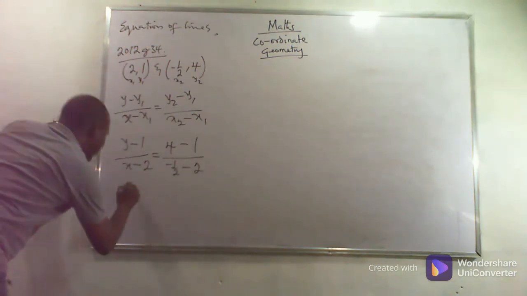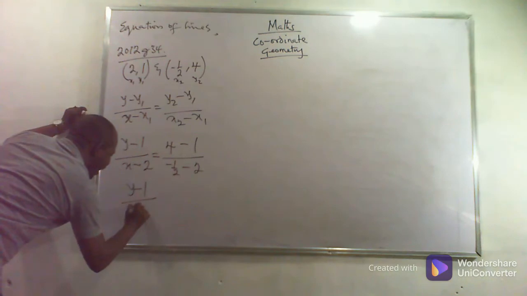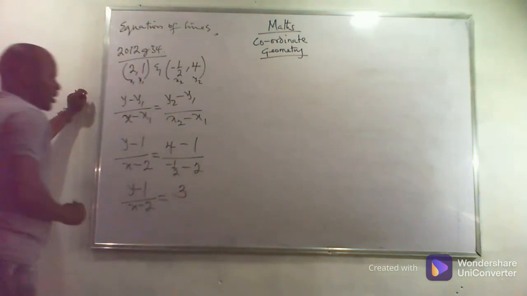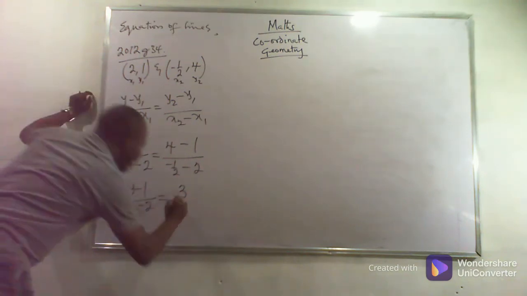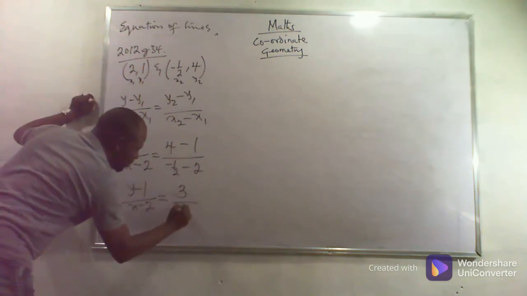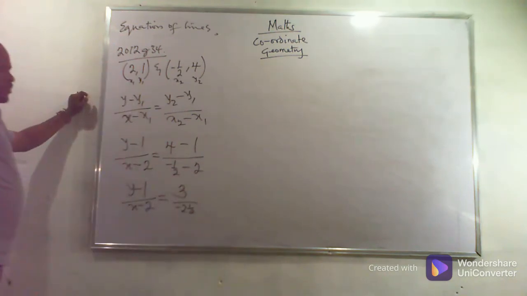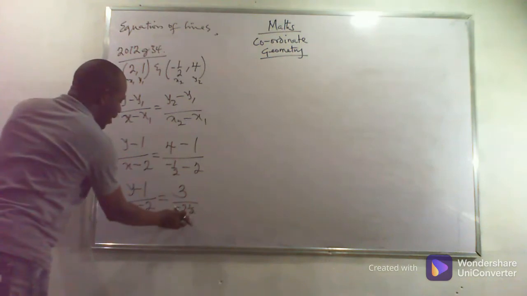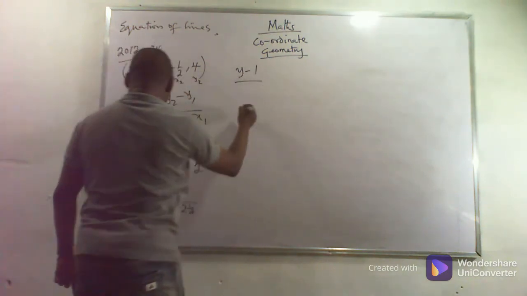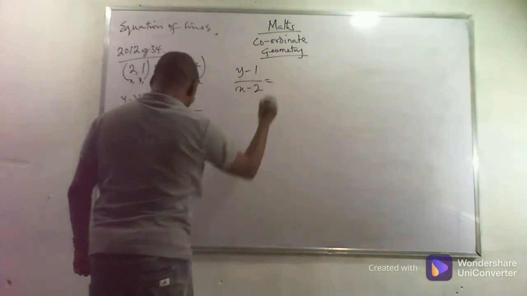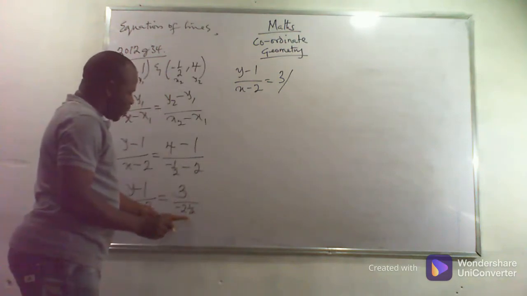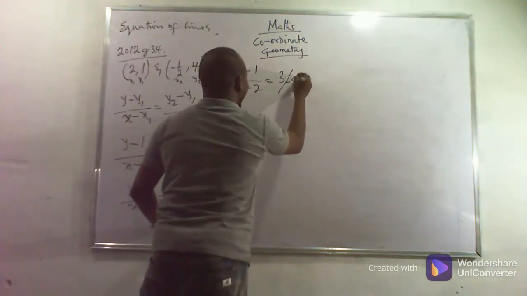So what do we have? y minus 1 over x minus 2 equals this minus this. That gives me 3, divided by minus half minus 2. You can quickly change this one to an improper fraction, so you have minus 5 over 2.